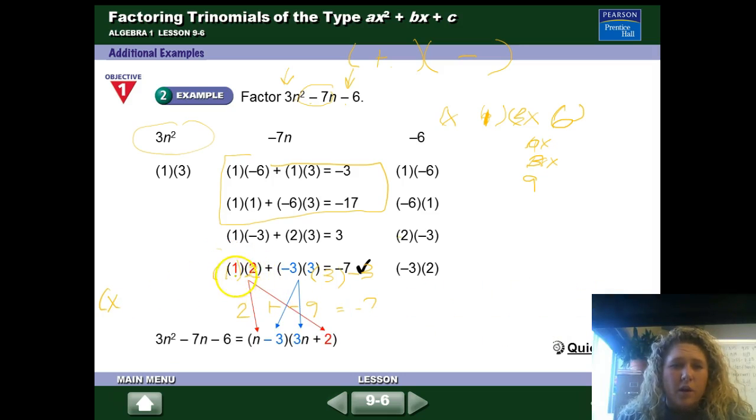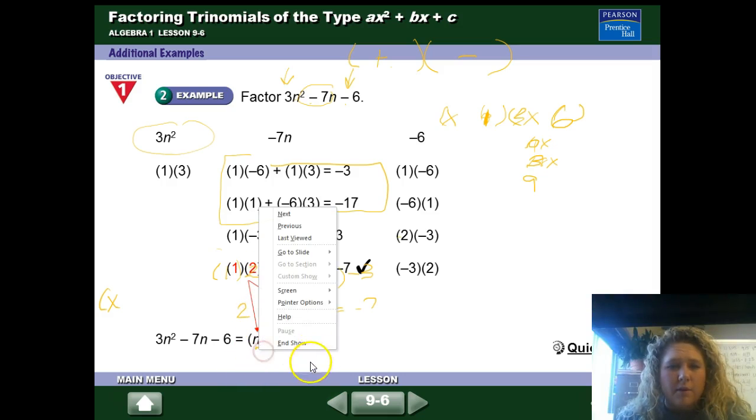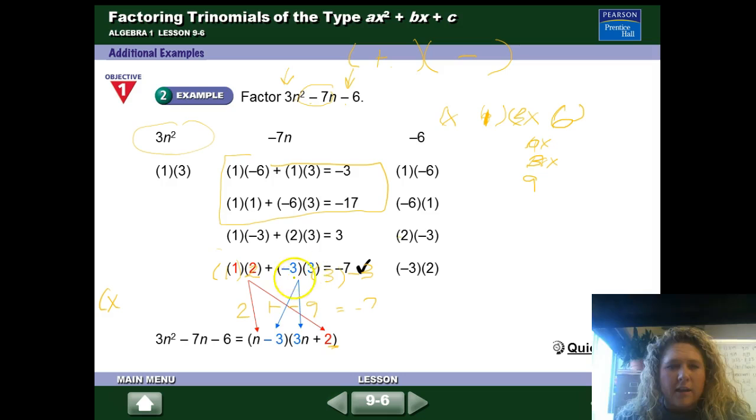We know 1 and 2 need to be together, so we split them up, and negative 3 and 3. I just feel like this is a little more confusing than if you just constantly do trial and error, and you will get better at this as you go through. But these are the 2 parentheses, the factors I'm looking for from your trinomial here.